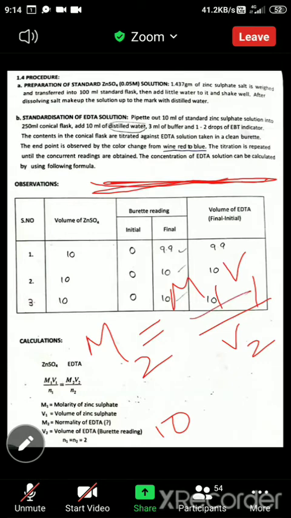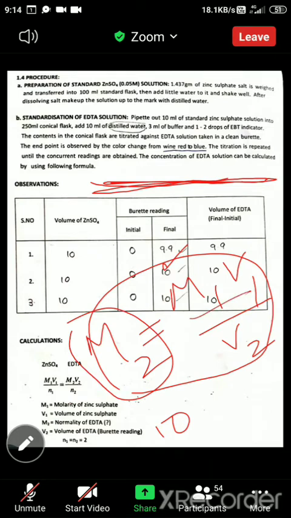So M2 is calculated. M2 is the molarity of EDTA, not normality. The molarity of EDTA is M2 equal to M1 V1 by V2.